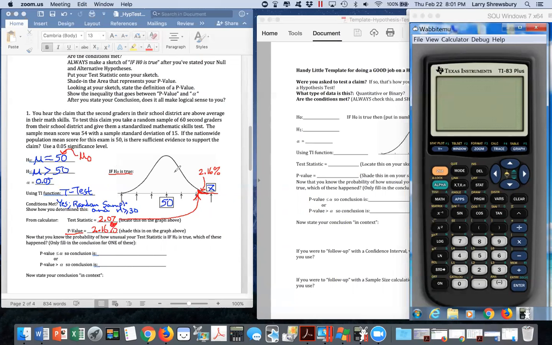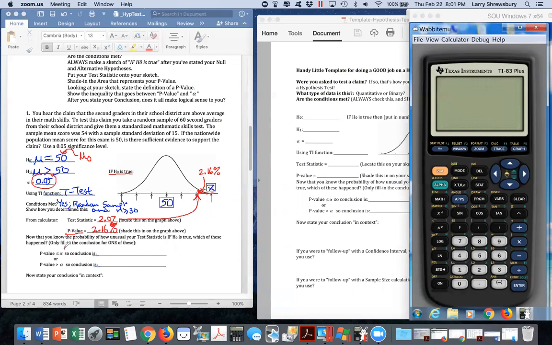So that's why we say, compare your p-value to your significance level. This is where we draw the line to know whether we have sufficient evidence to support the alternative hypothesis. We can only support the alternative hypothesis if we're so far away that this p-value has gotten so small that it's smaller than our significance level, or as small or smaller.